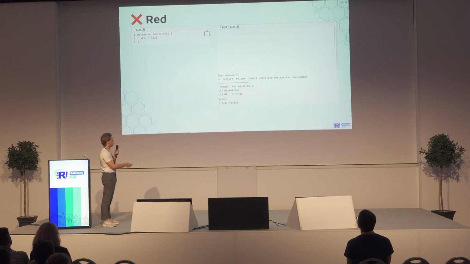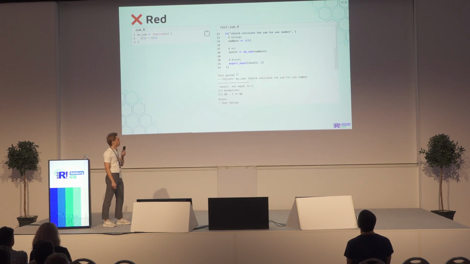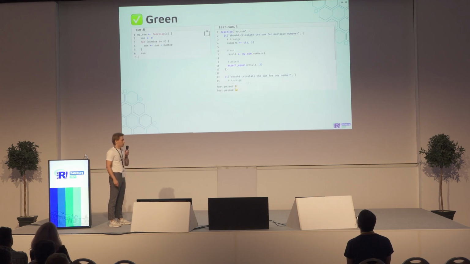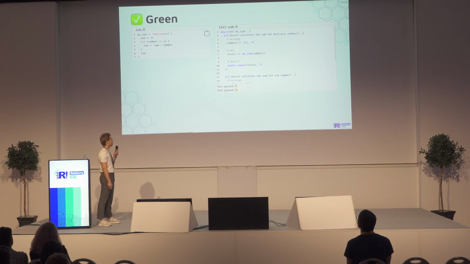Let's add another case that we want it to work for a single number. Now we see that our tests are red. We implement a new version of our function that satisfies both. So we can incrementally add new behaviors and always get the feedback that it works as expected.